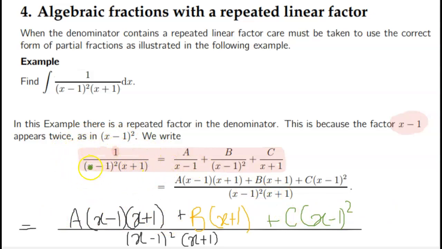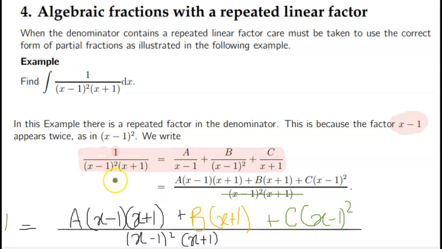If you look at the denominators of this and that, they are similar. So you can cross the denominators, and you will have 1 equal a(x minus 1)(x plus 1) plus b(x plus 1) plus c(x minus 1).